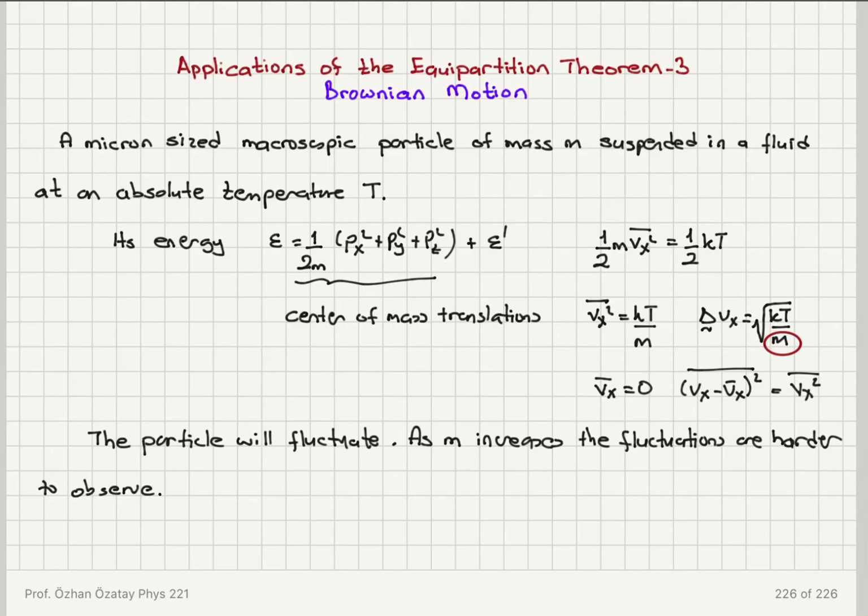The mean value of 1 over 2 m vx squared is 1 over 2 kT. And since the mean Vx value will be 0, from symmetry, because it's due to random collisions with the other particles in the fluid, we will have the average of Vx minus Vx bar squared, the variance, being Vx squared bar.